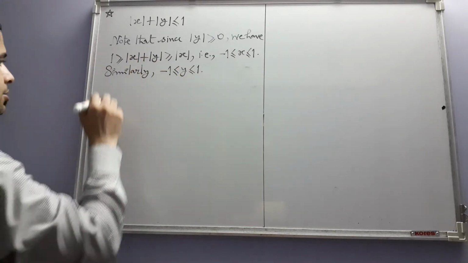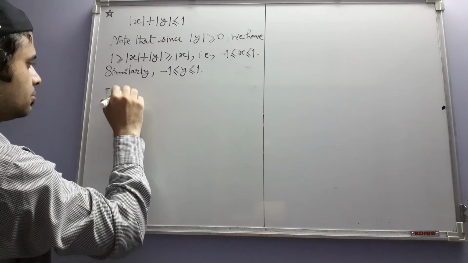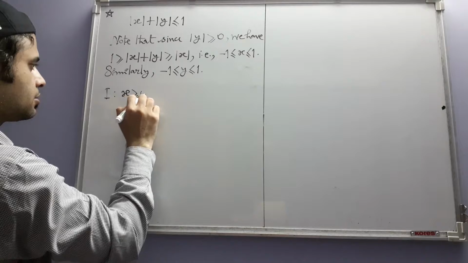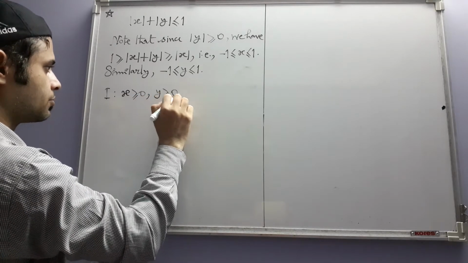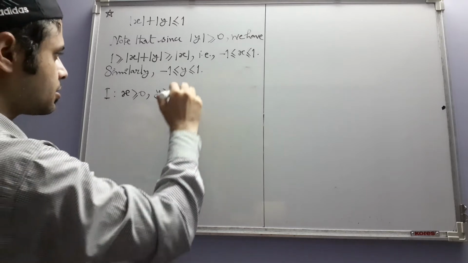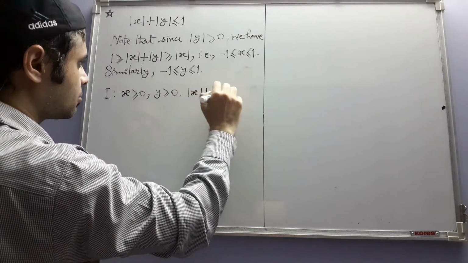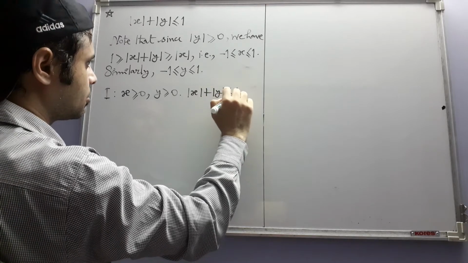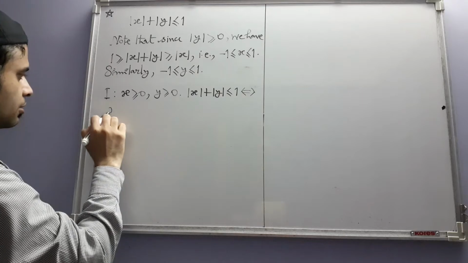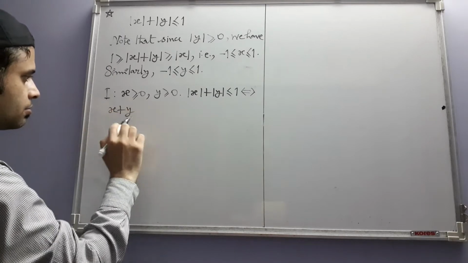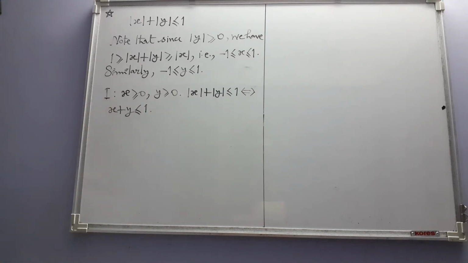Okay, now let us consider the cases. The first case is the one where x and y are both non-negative. In this case, the given inequality is equivalent to this inequality, x plus y less than or equal to 1.